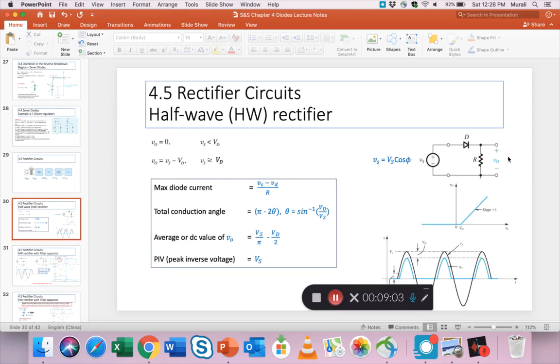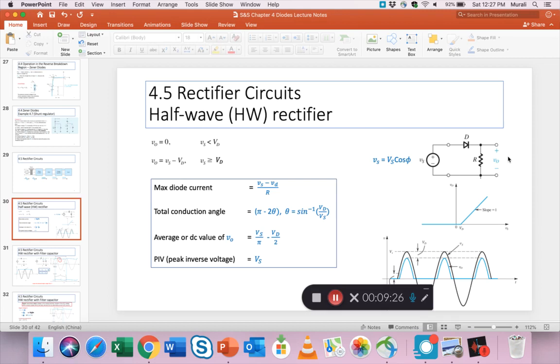So now we are at slide 30, and we start by looking at something called a half-wave rectifier. In the simplest form, a half-wave rectifier, as you can see from the circuit diagram to the top right, has one diode, and it's connected straight to an AC source.